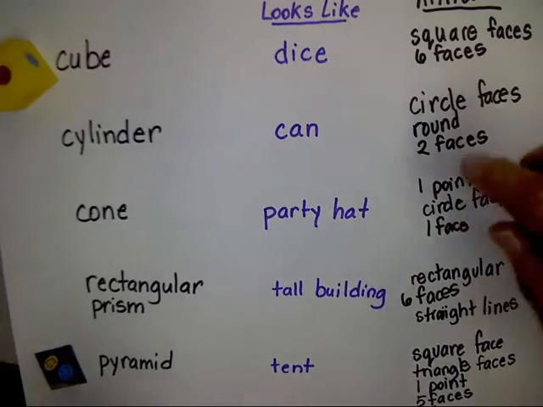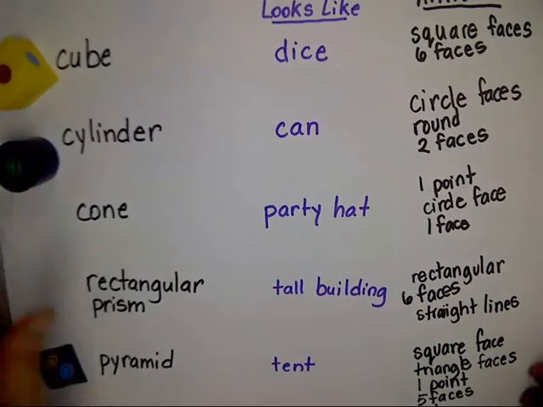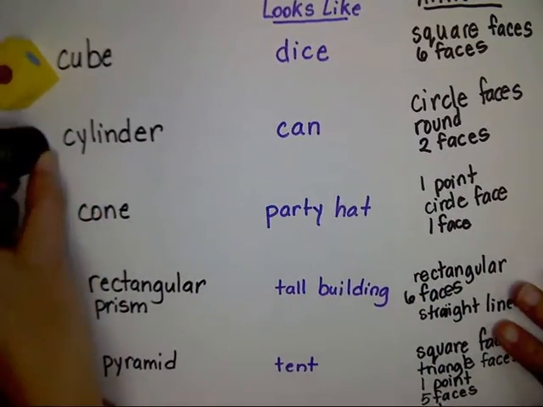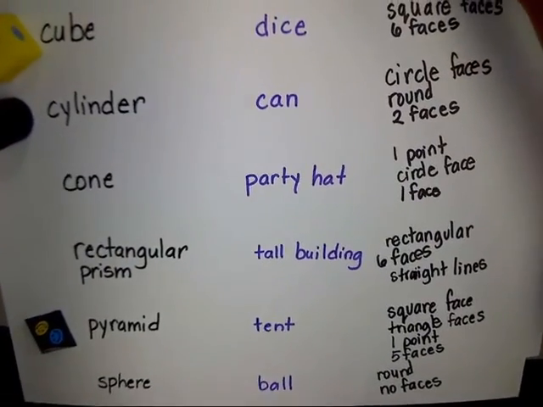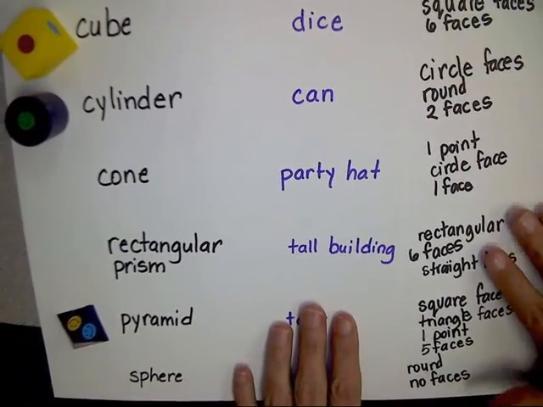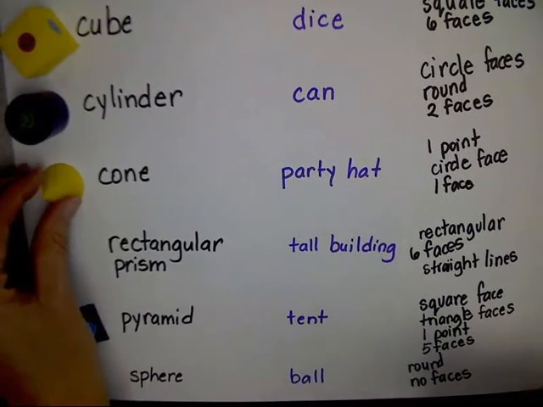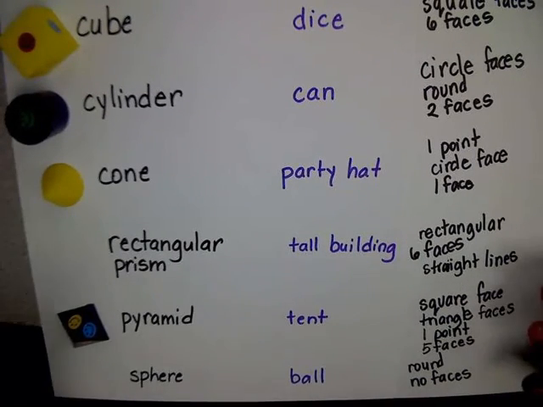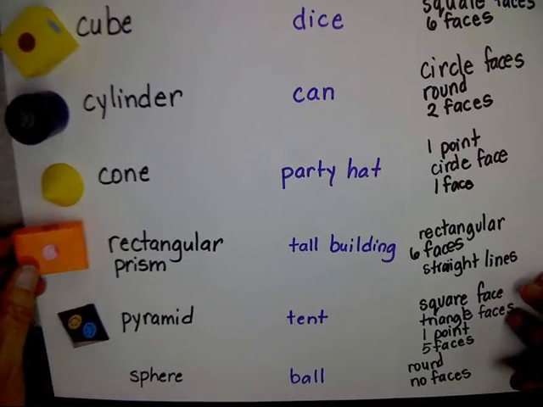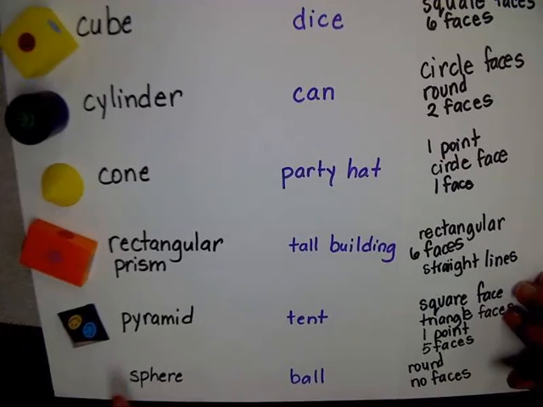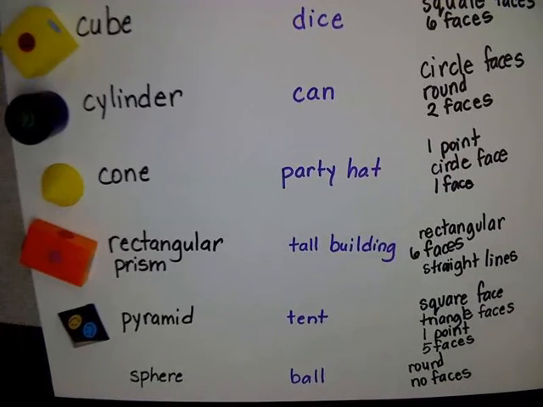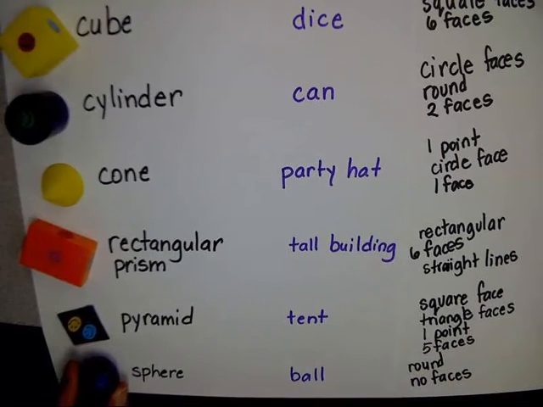Our cylinder had 2 faces. Our cone had 1 face. Our rectangular prism had 6 faces. Our pyramid had 5 faces. And our sphere doesn't have any faces.